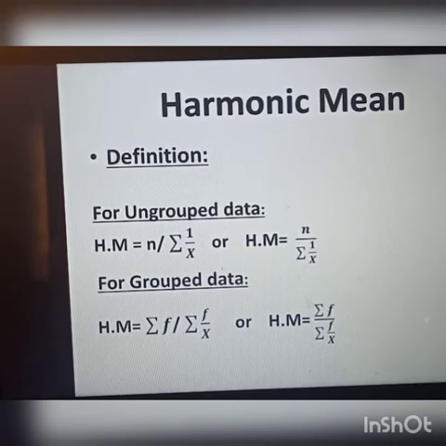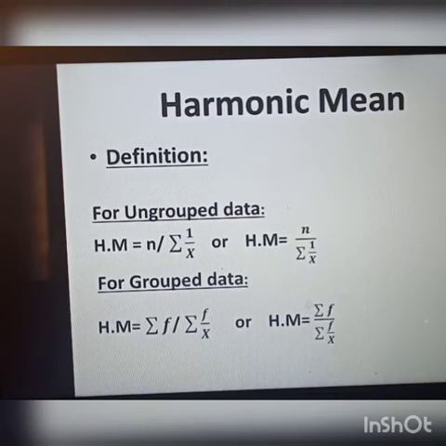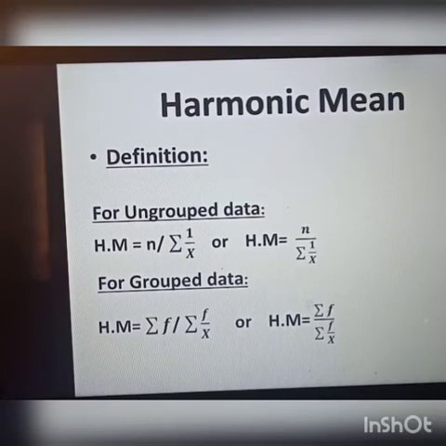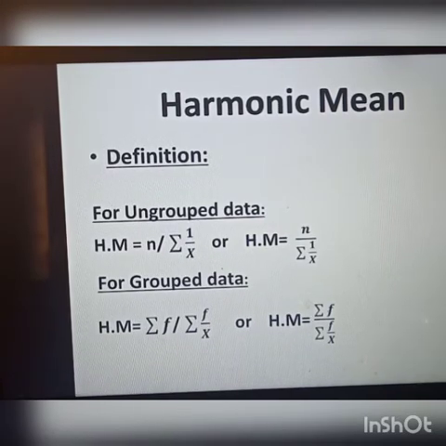As x represents the data values, all data values, fine, and small n is the number of terms given in the data. So this is the formula for harmonic mean for ungrouped data. And again, for grouped data, small n will be replaced with sum of f, and again in the denominator it will be sum of f divided by capital X.